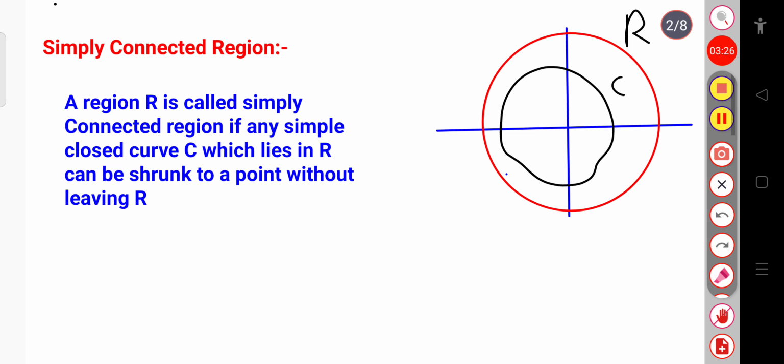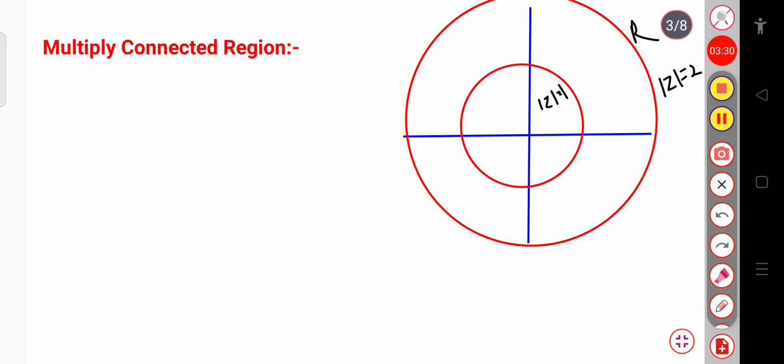Now we will see multiply connected region. We can say that a region R which is not simply connected is called a multiply connected region. Suppose here I am considering the larger circle with radius mod z equal to 2, and the smaller one with radius mod z equal to 1.